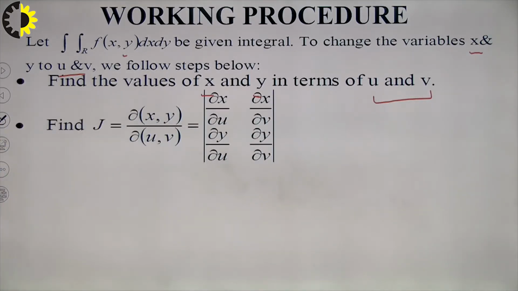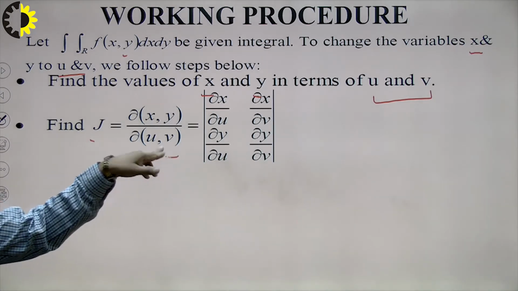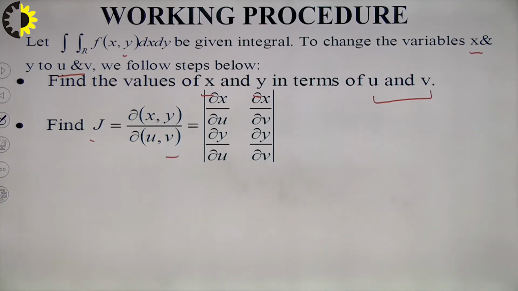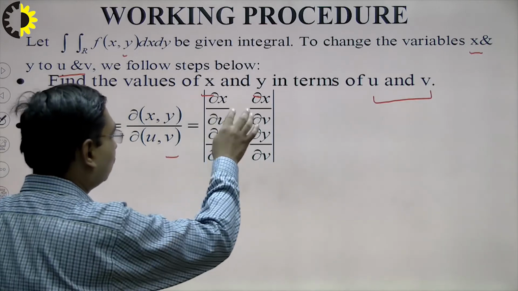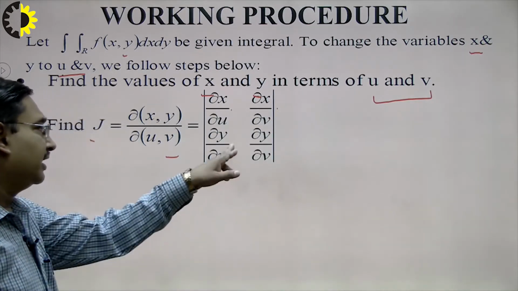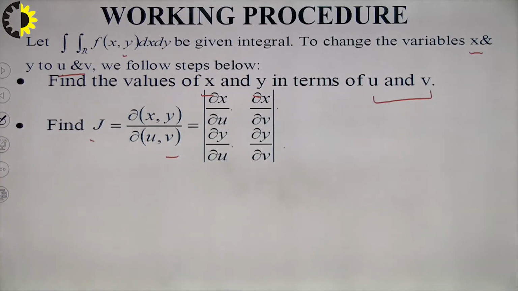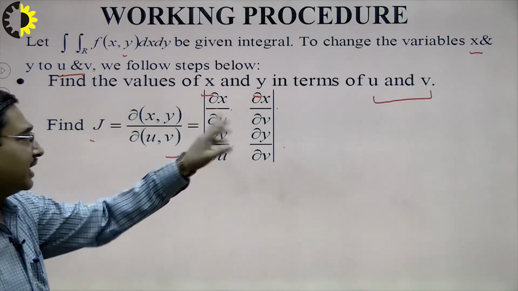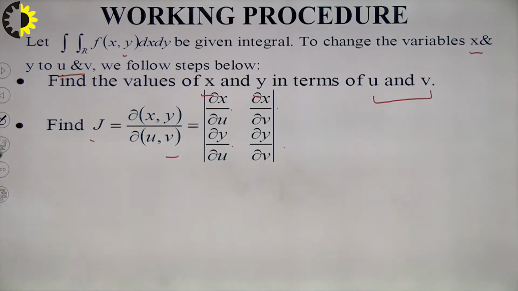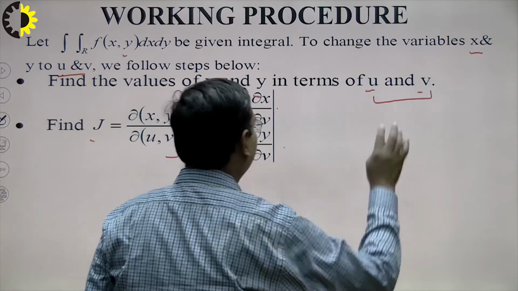Then we shall calculate J, that is the Jacobian of x and y with respect to u and v. This Jacobian is the determinant of del x over del u, del x over del v, del y over del u, del y over del v, because x and y are already expressed in terms of u and v.